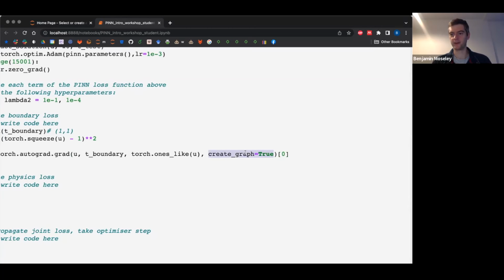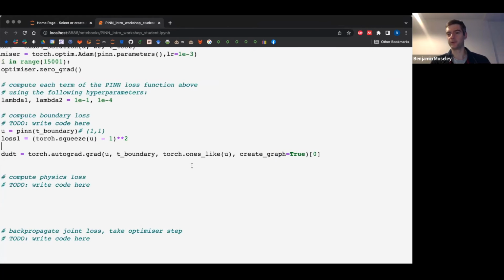All this does is say that when torch autograd makes that derivative, I want to hold on to the computational graph that it uses to create that. That's important because when we train the PINN, we actually want to differentiate through that graph again to update the weights of the neural network, to get the derivative of the loss function with respect to the weights of the network. So you can see we're calling auto differentiation kind of twice to get these derivatives. It's a very powerful function call, and this is why PINNs are so easy to train in PyTorch.